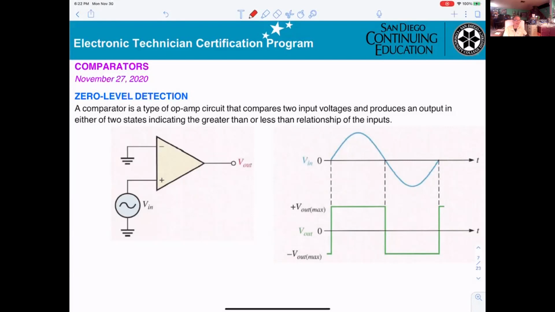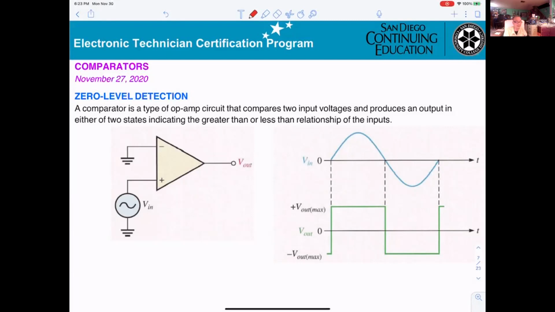If the input positive higher than the input negative, output will go into the plus V saturation. Sometimes they say V out maximum. And if the negative input higher than the positive input, then output will go to minus V saturation or minus V minimum.